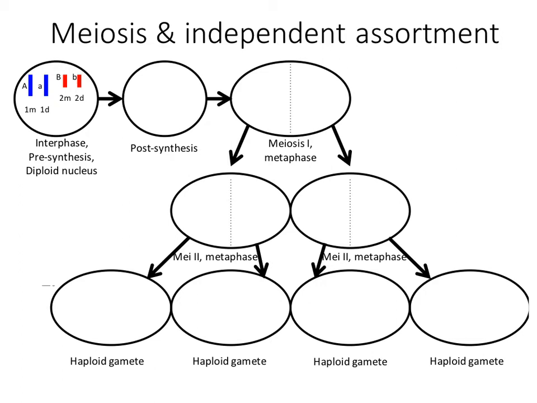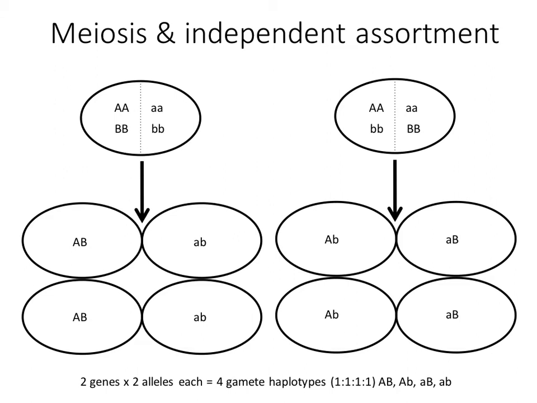So in the end, you wind up producing, as is shown here, from those initial cells, this is before meiosis 1, right before the first division. Those are the 2 different alignments. These are the gametes that get produced.